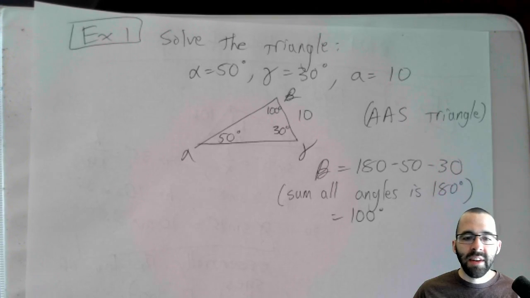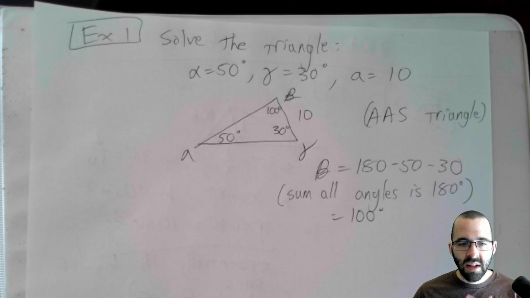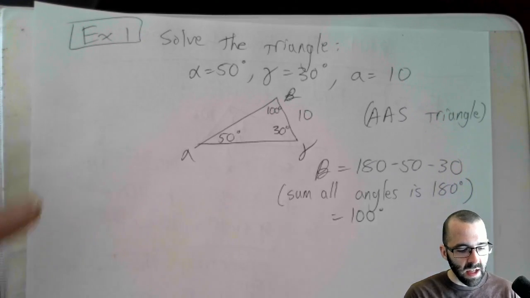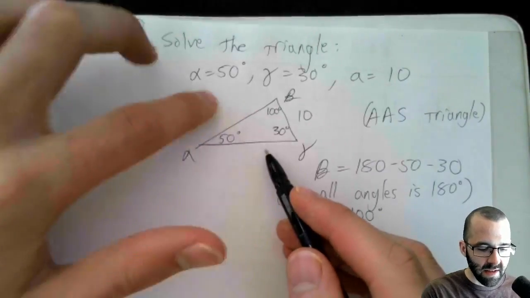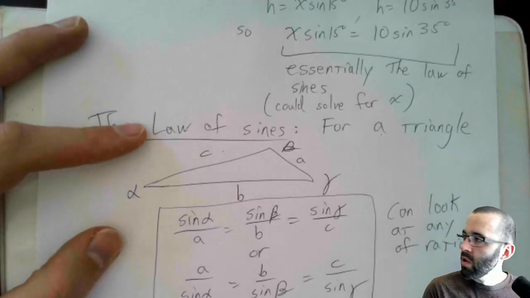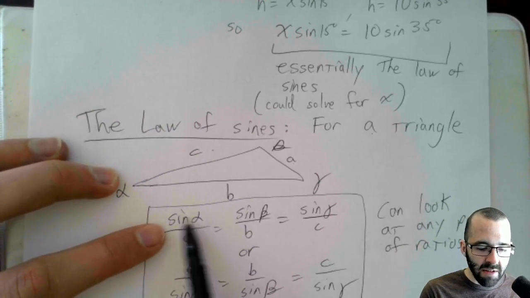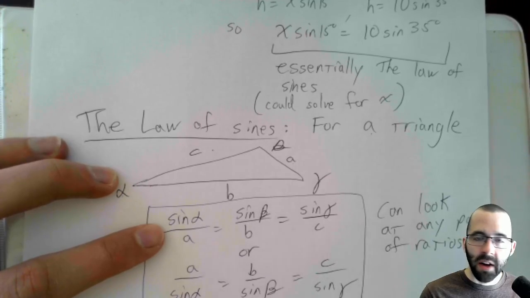So now we're going to have to actually use the law of sines, because now we have to actually solve the triangle. And we need to find these two sides. So we consult the law of sines. The law of sines says, look at any pair of ratios. And we need to know one of the ratios, and the other ratio will be unknown.